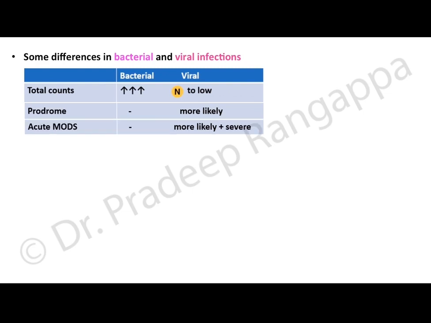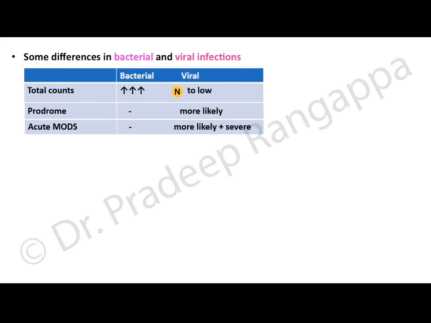And acute MODS. See, bacterial infection takes a little time to cause multi-organ dysfunction. Generally you would agree that when a bacterial infection happens, the organ dysfunction tends to happen in a sequential way. Maybe if you have severe community acquired pneumonia or severe UTI, you will first have acute kidney injury, or you may have tachycardia, followed by some hypotension.